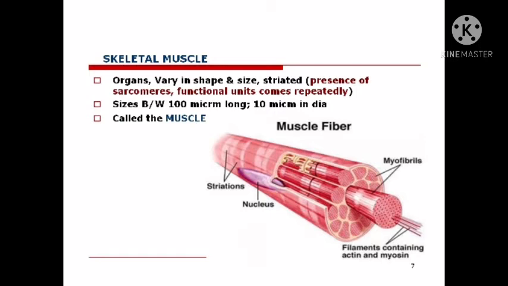That is why these are called striated muscles. The average fiber size is roughly 100 micrometers in length and 10 micrometers in diameter, and these are called the muscle fibers.